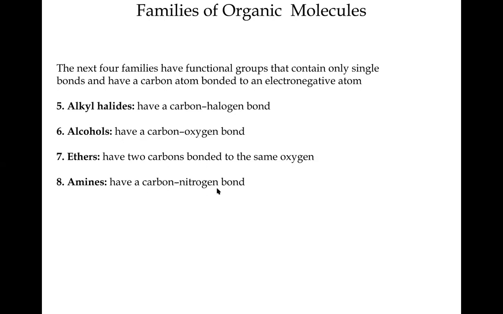Those are all kind of similar in that aspect. It doesn't mean that their properties are going to be more similar than the first group that I mentioned, but if you want to break it down and compartmentalize these groups, this is kind of a way to think about it.